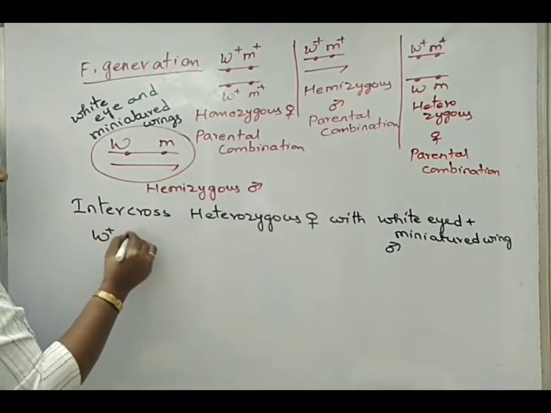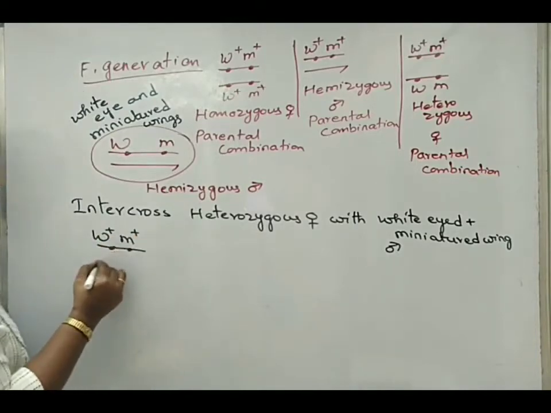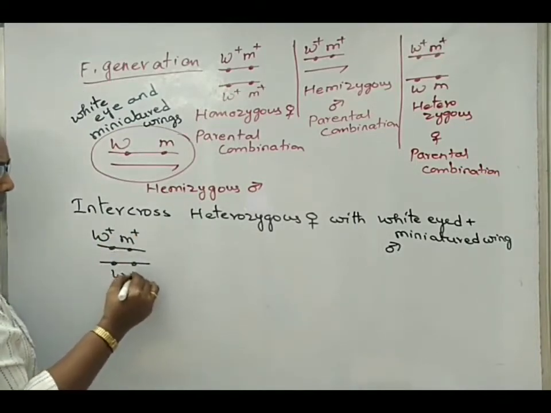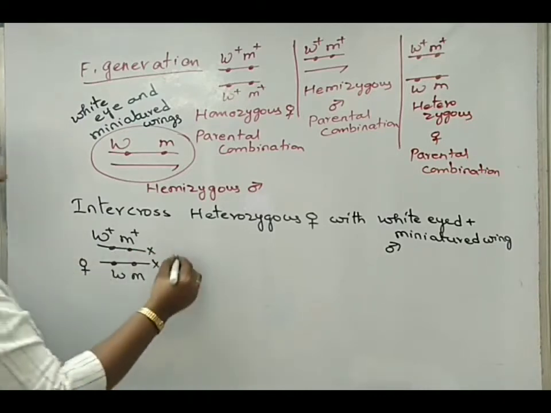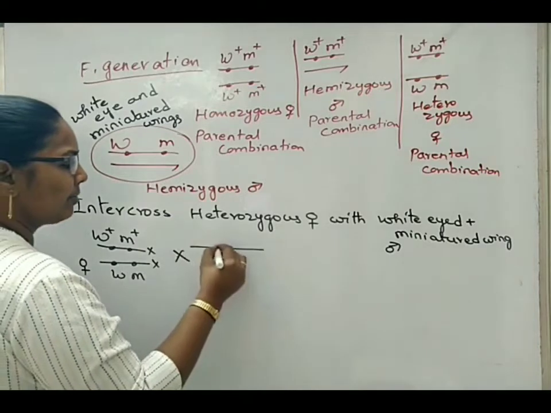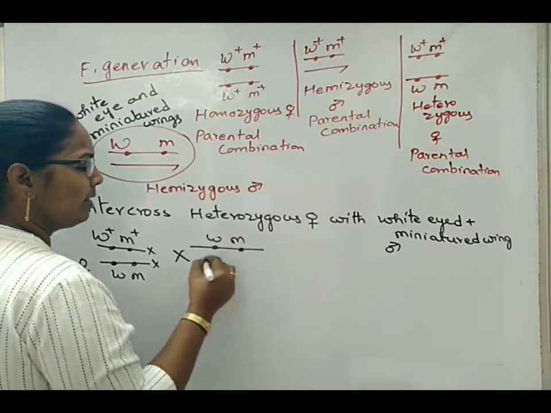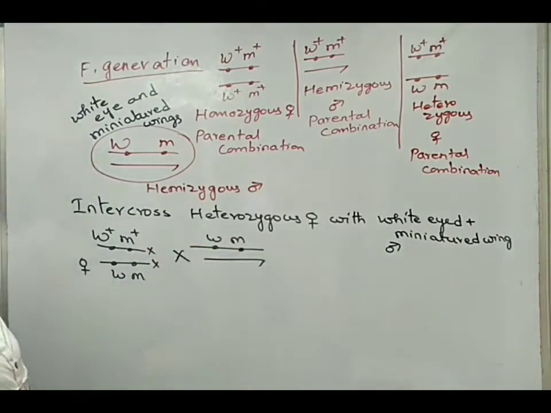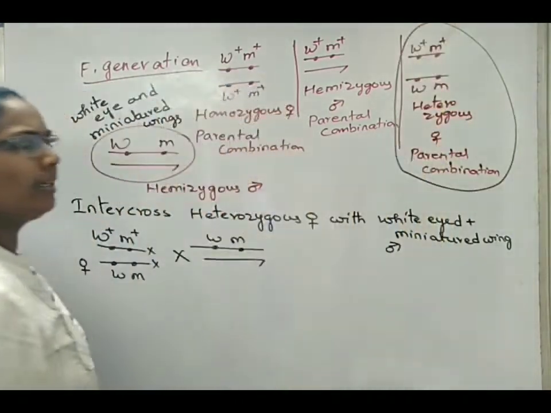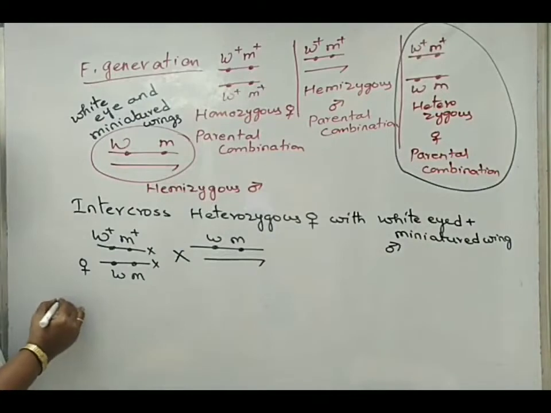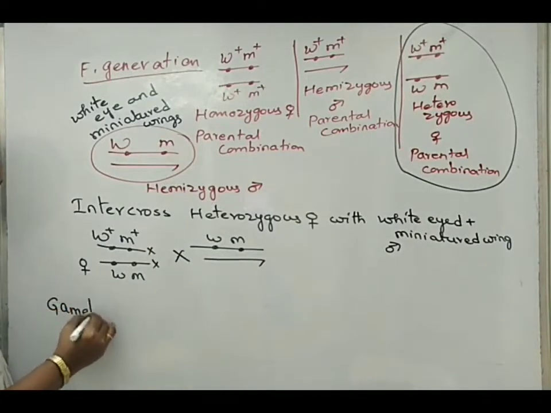So the allele distribution is going to be from, this is female organism, this is X chromosome and this is also X chromosome. We are crossing with white-eyed male offspring from the F1 generation. We are taking this and also we are taking this offspring and we are intercrossing. So how are gametes going to be here?